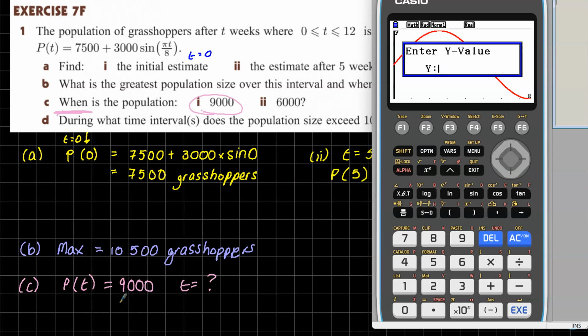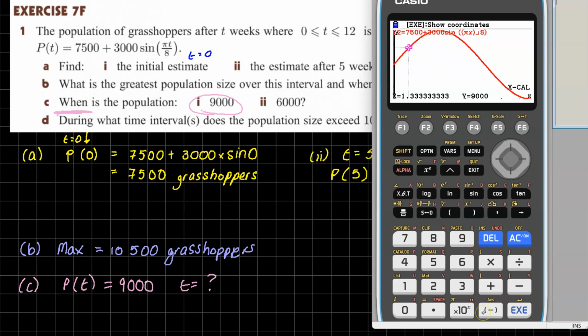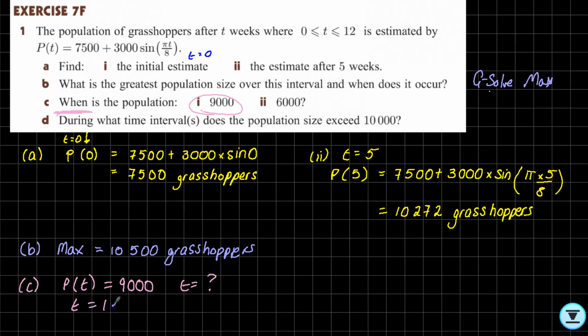It's asking you, how long does it take for the population to be 9,000, okay? Are you with us? Good boy. So are you up with the G-calc? Okay. And did you get X-calc? And we just pop in 9,000. So we get 1.33. 1.33 weeks.